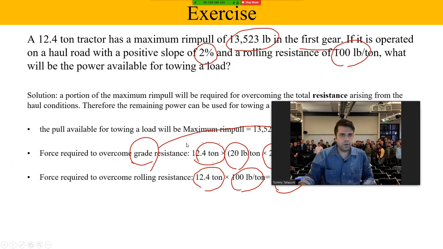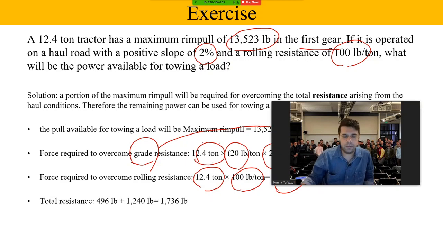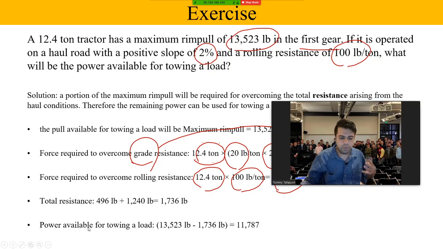Alright, so far we have the total resistance and we have the ripple. The difference between the two of them would be the power available for towing a load, okay?